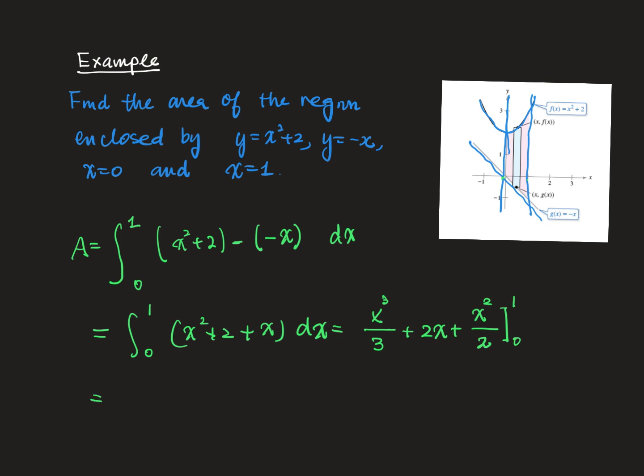You plug in the 1 first: 1 over 3 plus 2 plus 1 over 2, minus plugging in the 0, which is 0. With the same denominator 6, that's 2 plus 12 plus 3, which is 17 over 6. That's the area between the two curves.